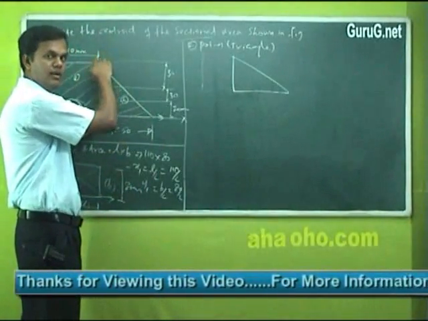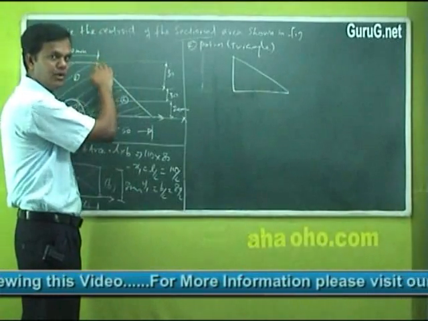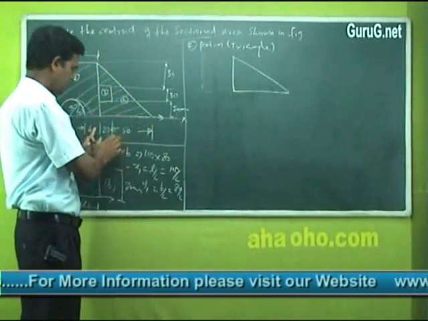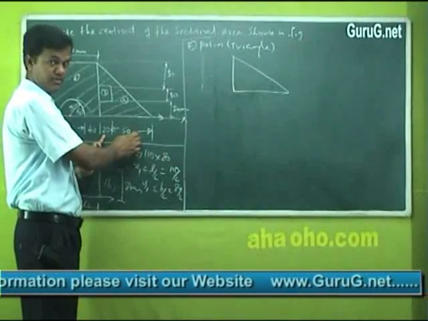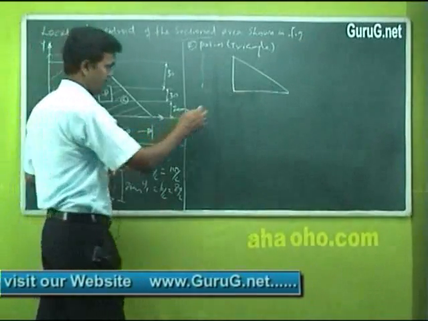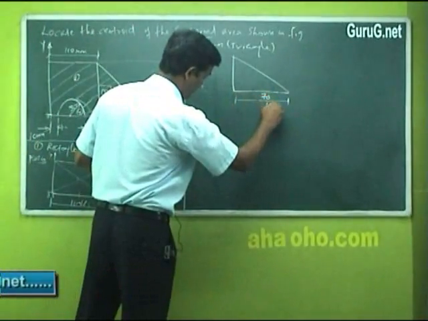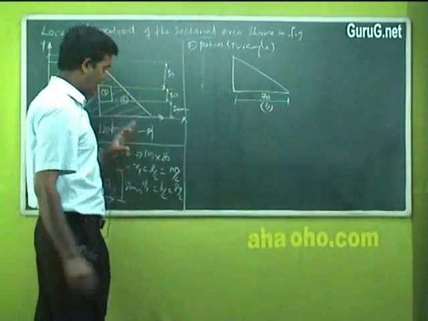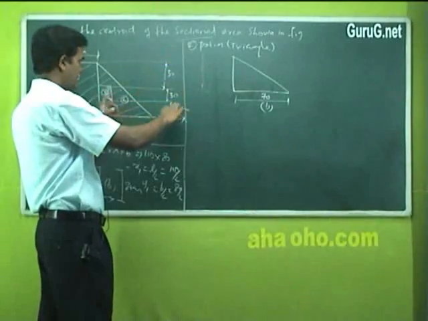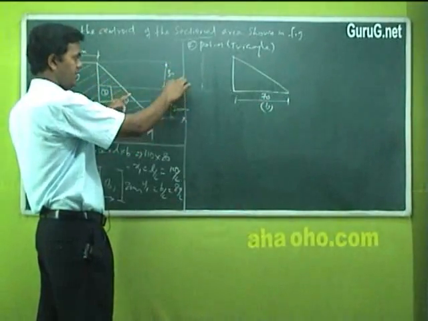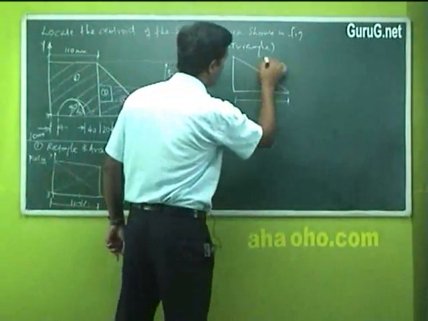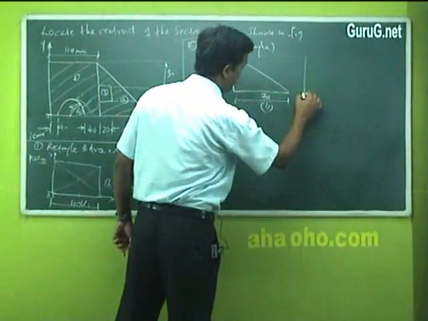The triangle has breadth and height. This breadth is given as 20 plus 50 millimeter, that is 70 millimeter. This has a breadth of 70 mm. This is B. And the height of the triangle is this height, 20 plus 30 plus 30, 80 again.